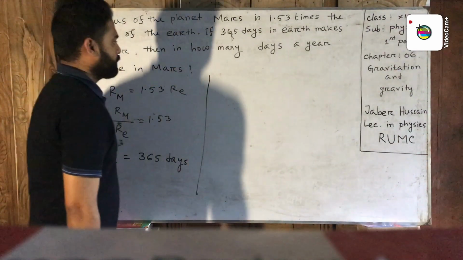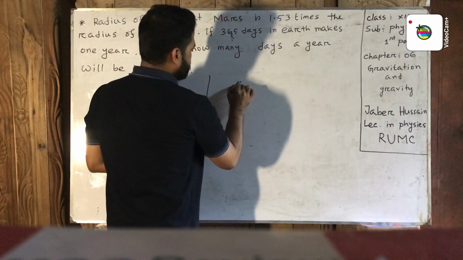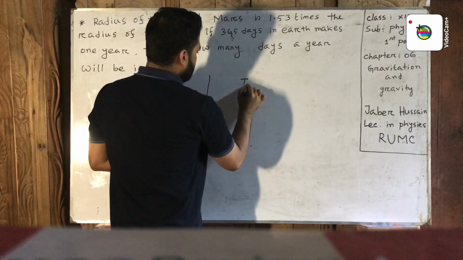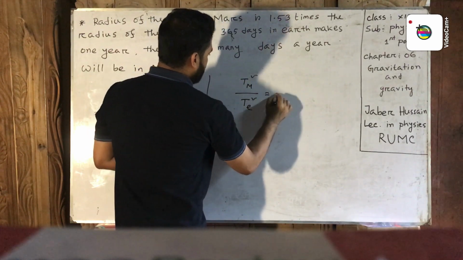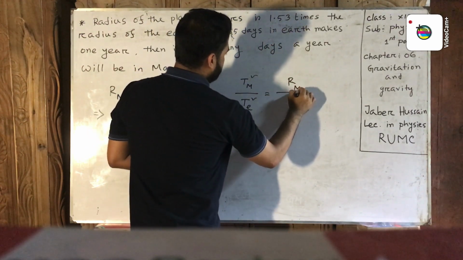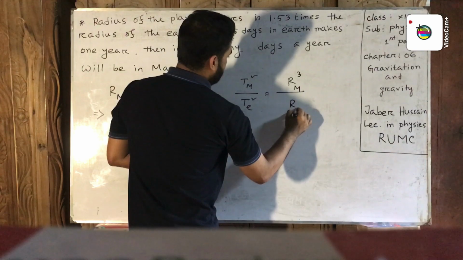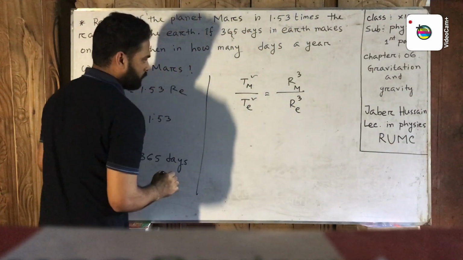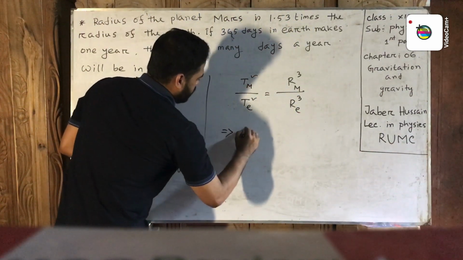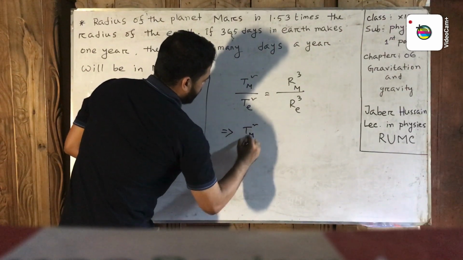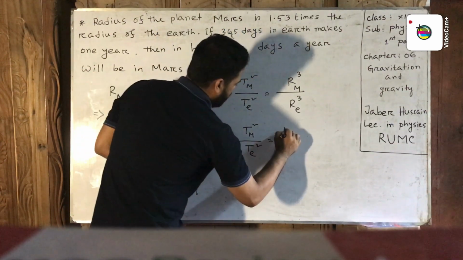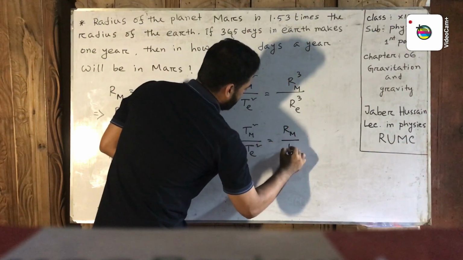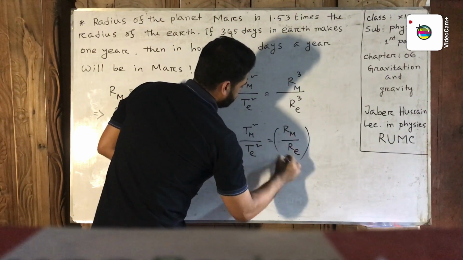Now from Kepler's third law, Tm square divided by Te square equals Rm cube divided by Re cube. Now Tm square divided by Te square equals Rm divided by Re, whole cube.